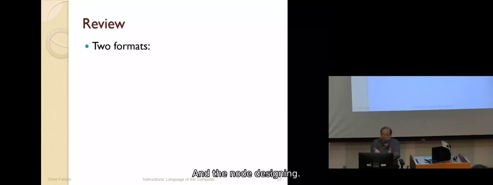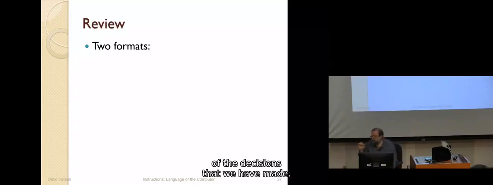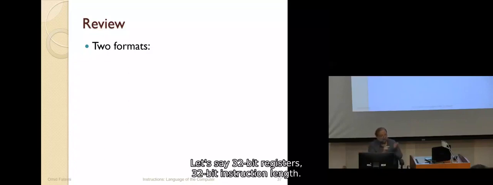And we are now designing the instruction set. Actually, we don't design, but we just present. If we had time, then I could go through each of the decisions that we have made, let's say 32-bit registers, 32-bit instruction length, any of the things that I presented for you, we could have discussed with each other to see what would be a good design for an instruction set.